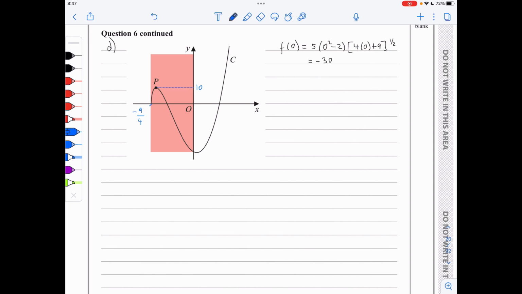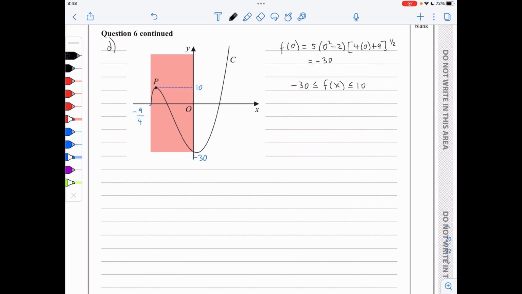So the cut on the y-axis here is at minus 30, which leads to the conclusion that over this restricted domain, we have that minus 30 is less than or equal to f of x less than or equal to 10.